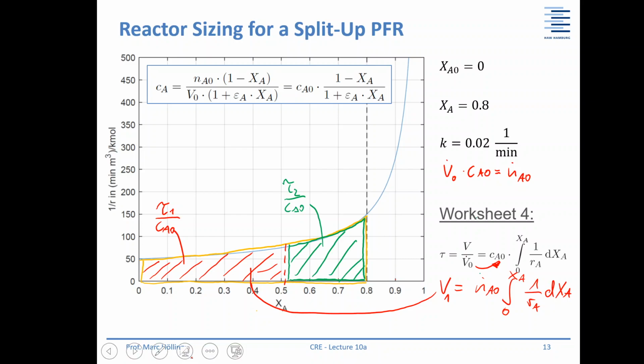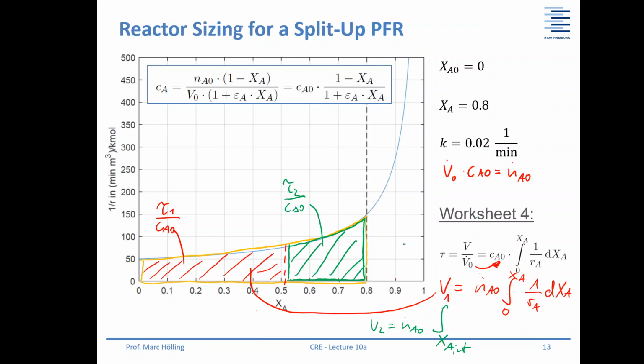Okay, but what does it mean for your volume 2? So for your volume 2, it's nearly the same. This would just be your mole flow at the inlet, and now you have to do the integration from XA intermediate.